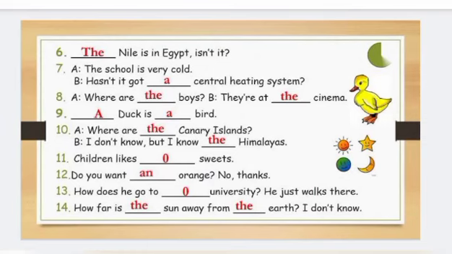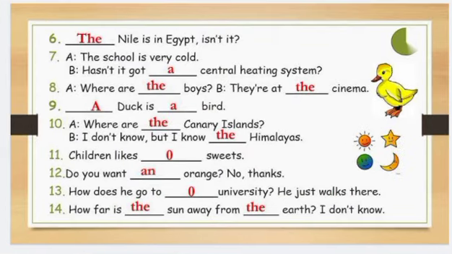Let's see some more examples. Dash Nile is in Egypt, isn't it? The Nile is in Egypt, isn't it? Before the place we will use "the". Where are the boys? They are at the cinema.